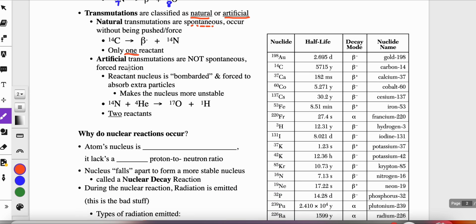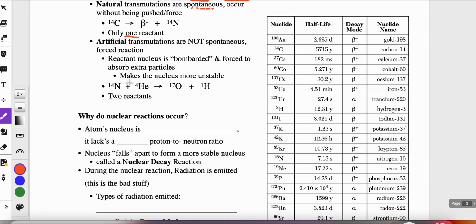Whereas artificial transmutations are not spontaneous. It's a forced process, and the reactant's nucleus is bombarded. If you see that the nucleus is bombarded, that is your clue that it is a nuclear reaction, and it is also artificial.